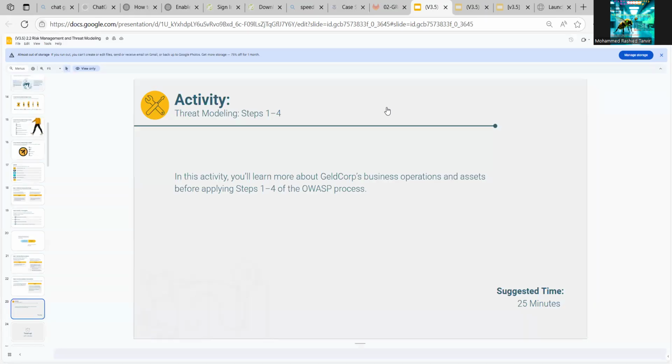And if you go to an MSSP, the maximum of cybersecurity companies are MSSPs. 90% of cybersecurity companies are MSSPs, so they mostly use STRIDE, which is very high level, and 90% of MSSPs use OWASP.